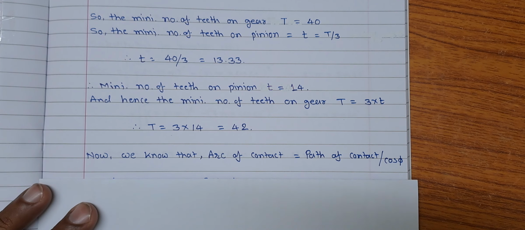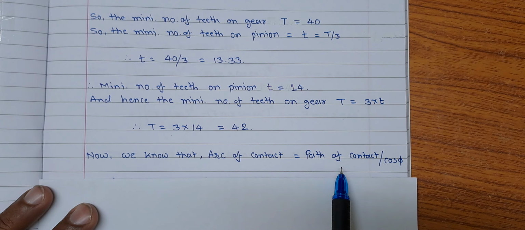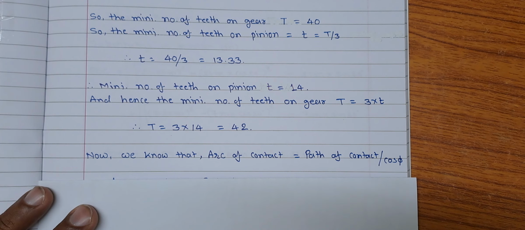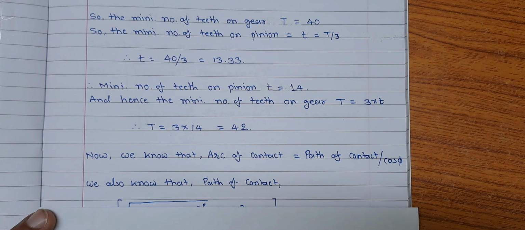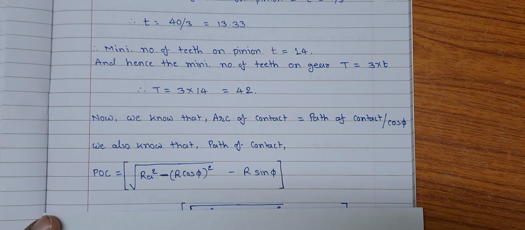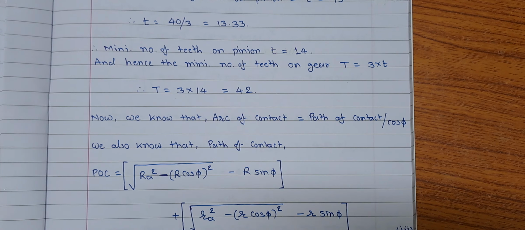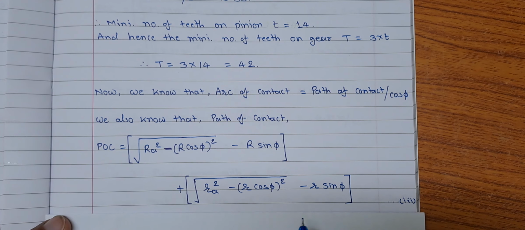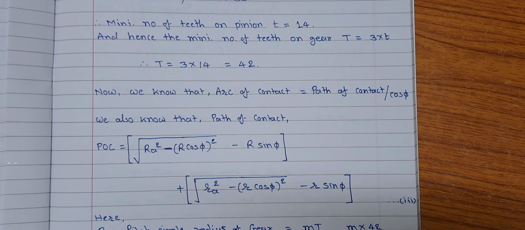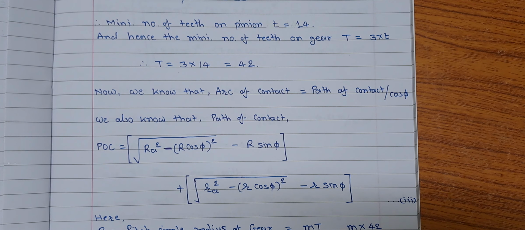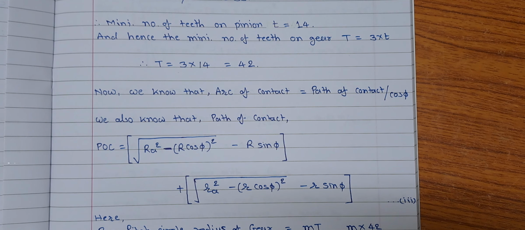Now we know that the arc of contact is equal to path of contact divided by cos phi, and path of contact is given by this relation. Let us say that relation number 3. Here capital R is nothing but the pitch circle radius of gear given by m into number of teeth of gear by 2.